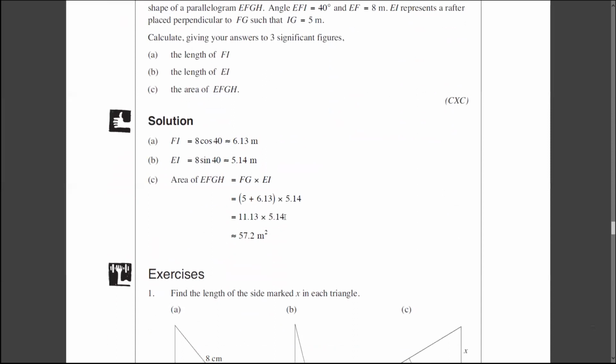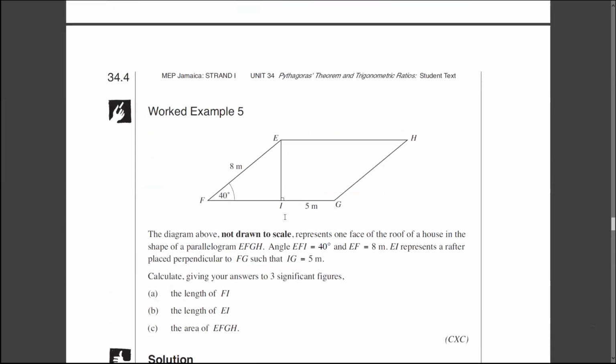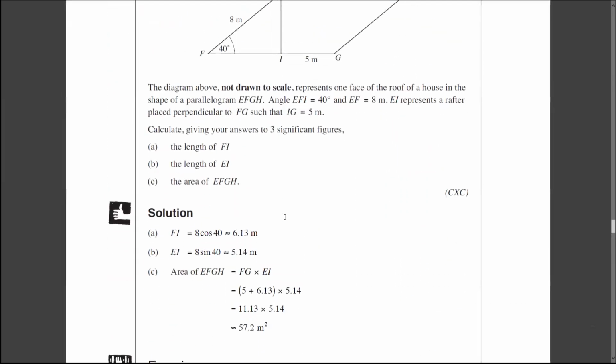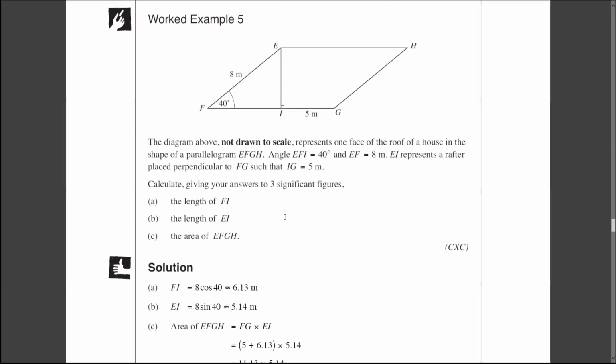Here's a question. What does it say? The diagram above, not drawn to scale, represents one face of the roof of a house in the shape of a parallelogram EFGH. Angle EFI equals 40 degrees.